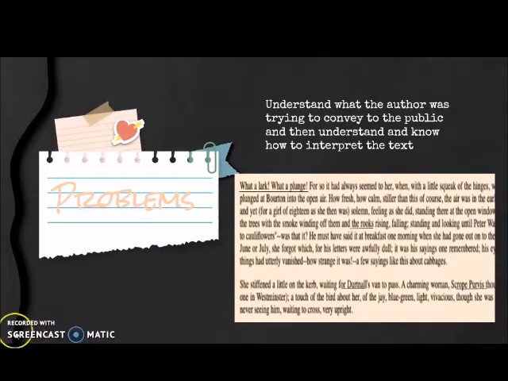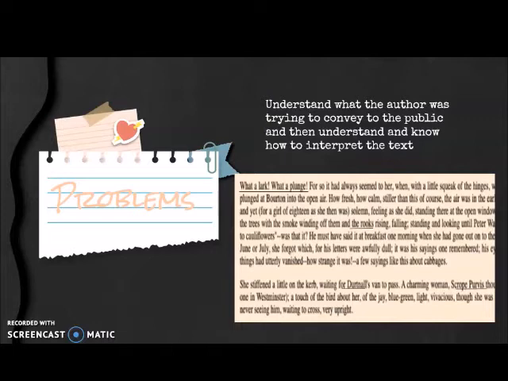On the other hand, according to the problems we faced during the translation process, they were mainly understanding what the author was trying to convey to the public and then knowing how to interpret the text.